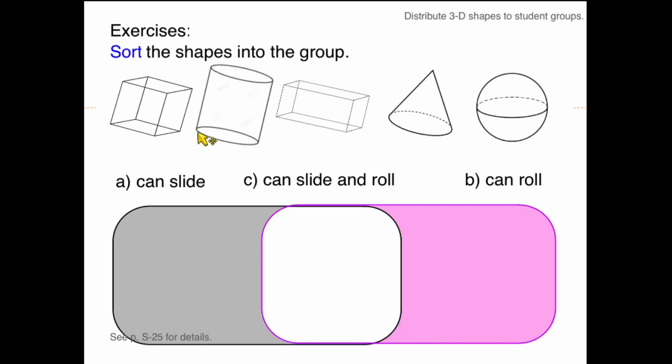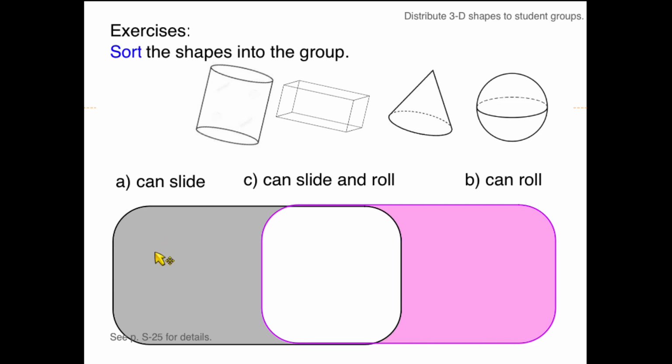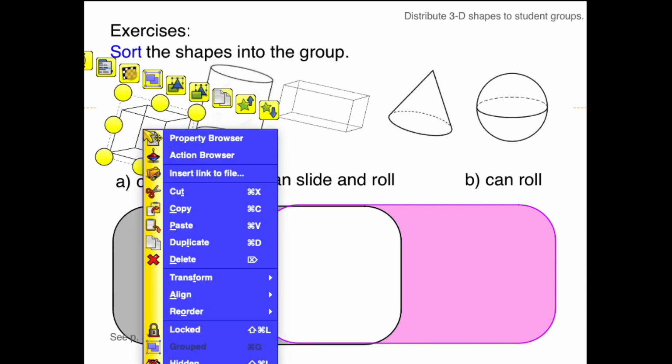So let's sort them. Can slide, can roll, and here we have the middle part, can slide and roll. This can slide because it has flat faces, but it can't roll because it doesn't have any curved faces. So we're not going to put it there.